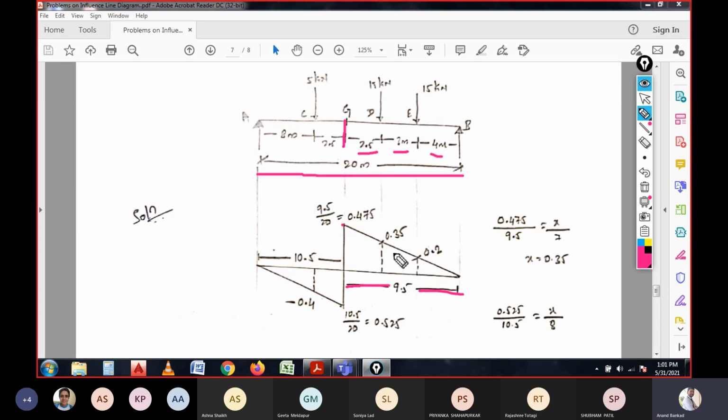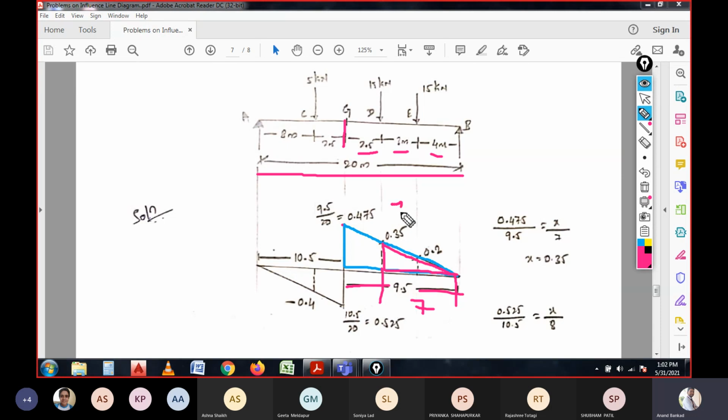At the same time we need to consider similar triangles. This is the triangle which we have calculated, and we also have to consider this one. Here the total span will be how much? 3 plus 4, which is 7 meters. So how do we calculate here?